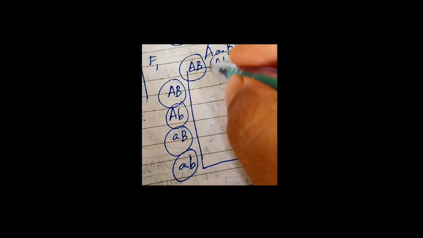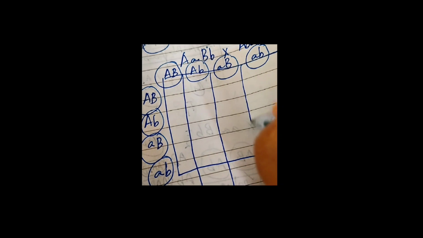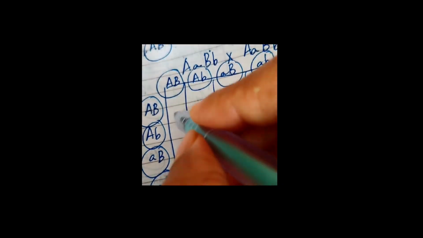Now close the square, divide them into rows so we can cross it, and the F2 offspring will come within this square.